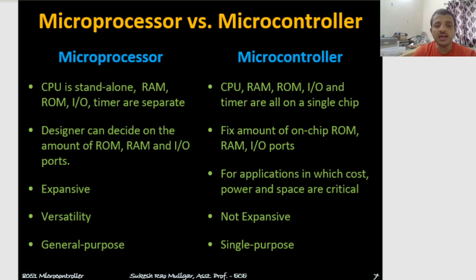So I can choose the amount of ROM, RAM, and IO ports required in a processor based system. That's the specification. You can have your laptop with different configurations. That is the beauty of a microprocessor based system, whereas a microcontroller unit cannot have it. The best example is a calculator, or you can even take an advanced gadget like a smartphone.